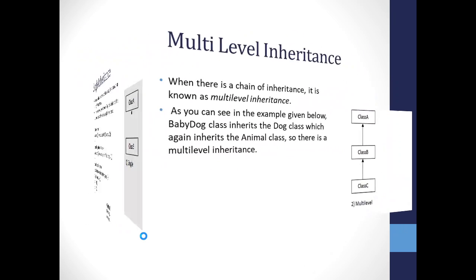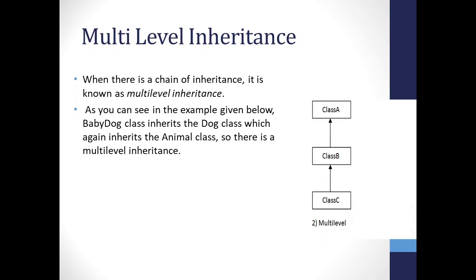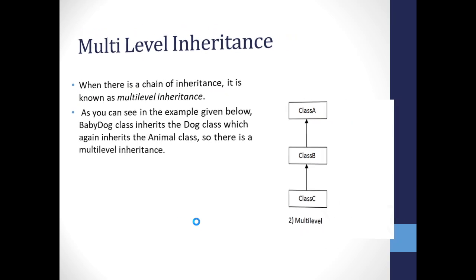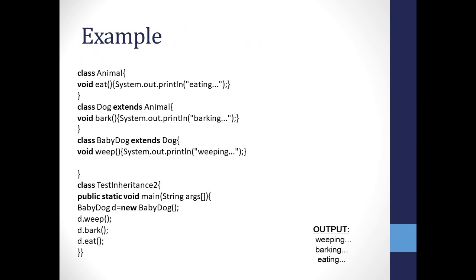Next, we are moving on to multi-level inheritance. Multi-level inheritance is when there is a chain of inheritance. Class C inherits class B, and class B inherits class A. So class C can indirectly access class A. As you can see in the example below, BabyDog inherits Dog, which inherits Animal.